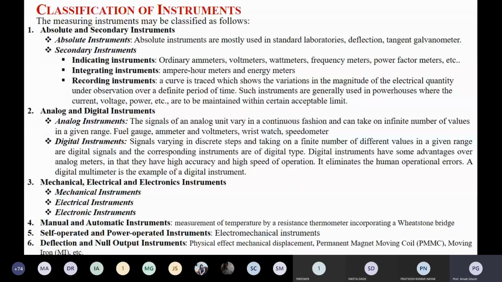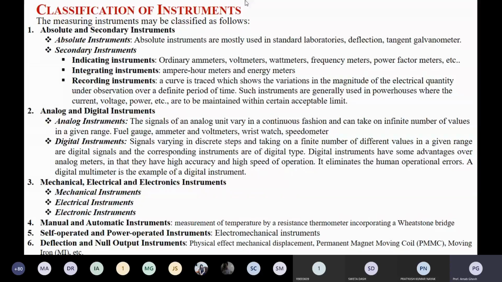If you listen to my previous lecture, you can understand how it is operating for measuring different electrical quantities like voltage, current, and sometimes derived quantities like power and energy.